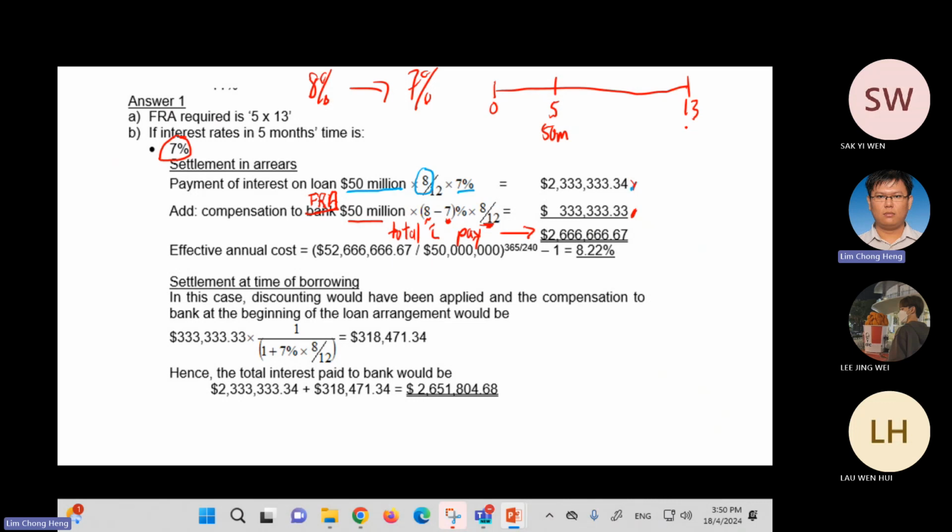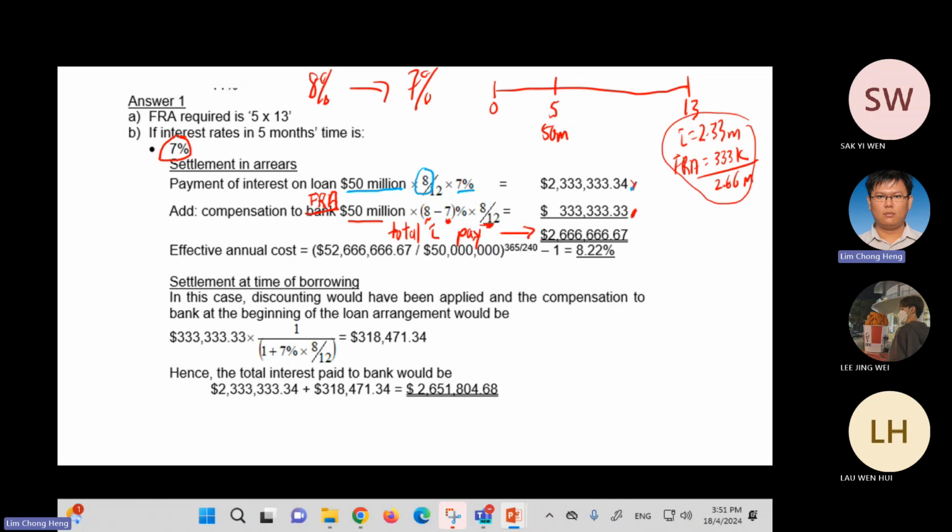At month 13, you pay the interest, 2.33 million, and then FRA is 333,000. So total is 2.66 million you pay. And this is the total interest you pay. Okay.